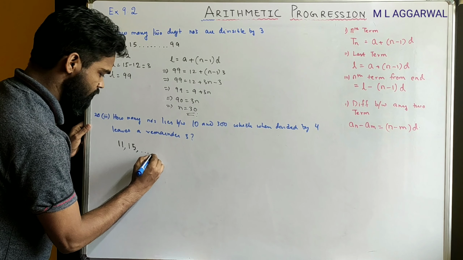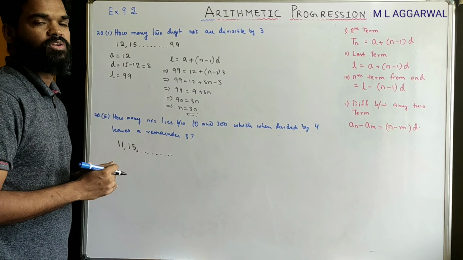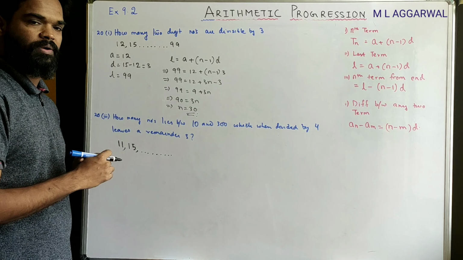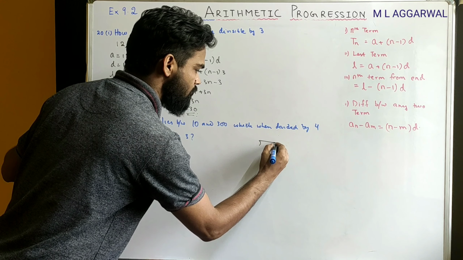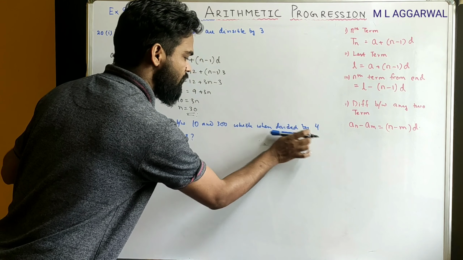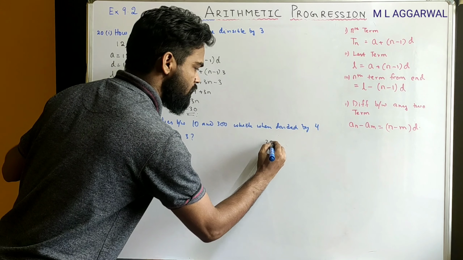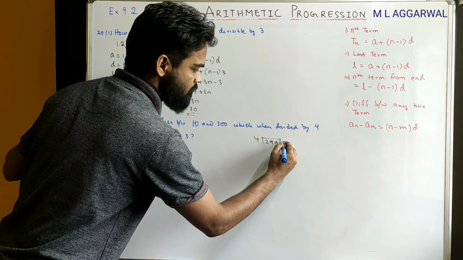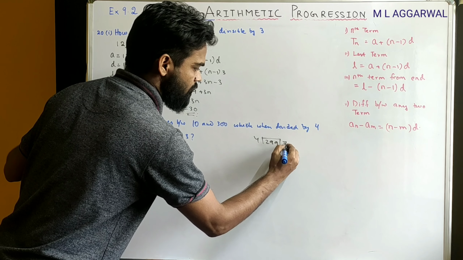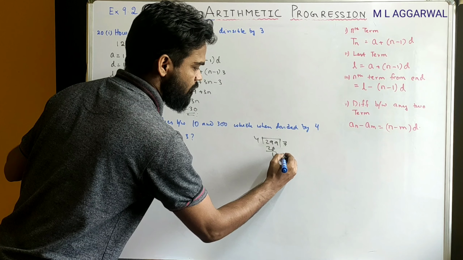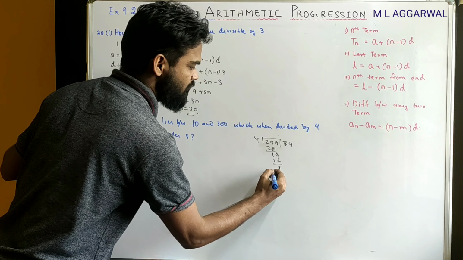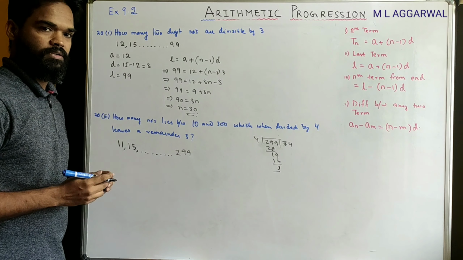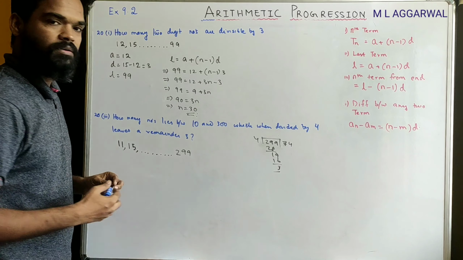Similarly, before 300, what is the number which when divided by 4 gives a remainder 3? Let us divide. 300 is completely divisible, we know. Let us see 299 before this. So 4 7s are 28. See, 299 divides, leaving a remainder 3.